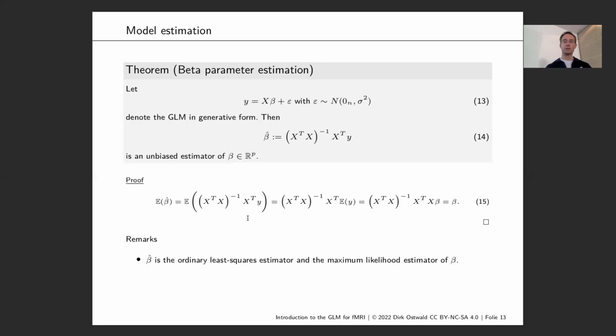And then one can quite easily show, if one is happy with expectations, that the expectation of beta hat is again beta, because expectations only work on essentially random things. The only thing that is random here is y, and the expected value of y is of course the expectation parameter.